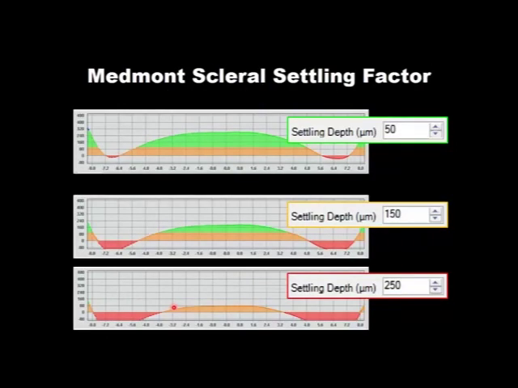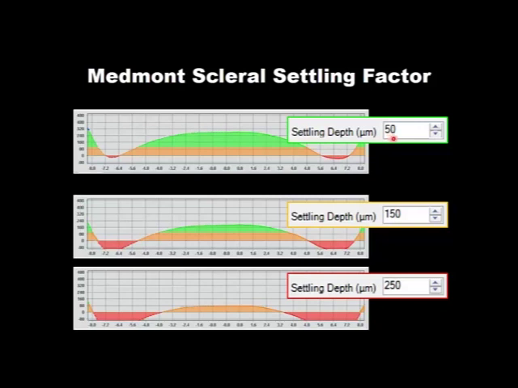One of the things that you'll notice about scleral lenses is they never sit up high and proud on the conj. They always sink into that soft, boggy conjunctival tissue. And the Medmont engineers have allowed us to settle the scleral lenses into the tissue.